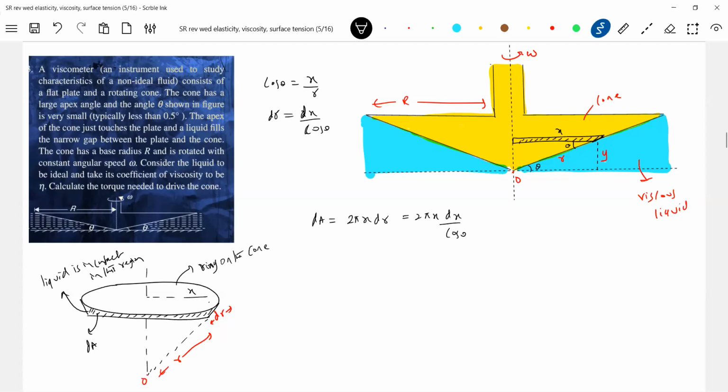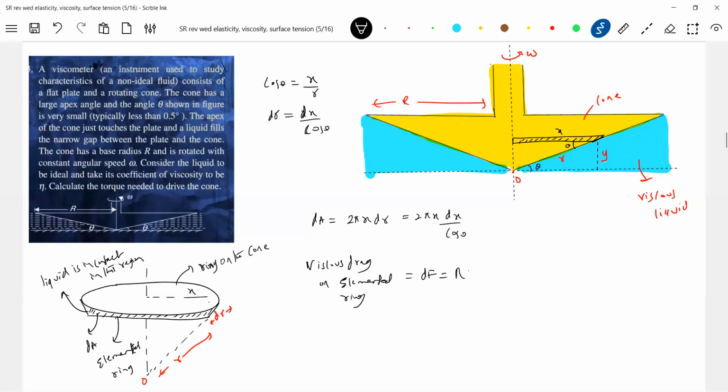Okay, let's write the force acting on the ring. Elemental ring. Force, viscous drag on elemental ring. dF is equal to, what shall I write?